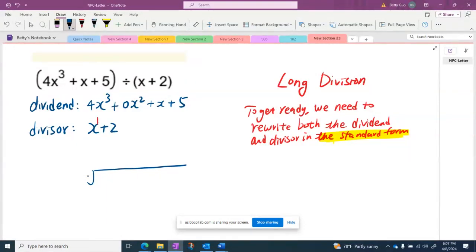The standard form of the dividend is 4x cubed plus 0x squared plus x plus 5. And the standard form of the divisor, x plus 2, goes to the left side of the symbol.